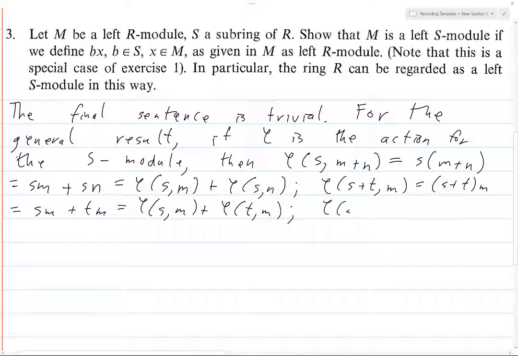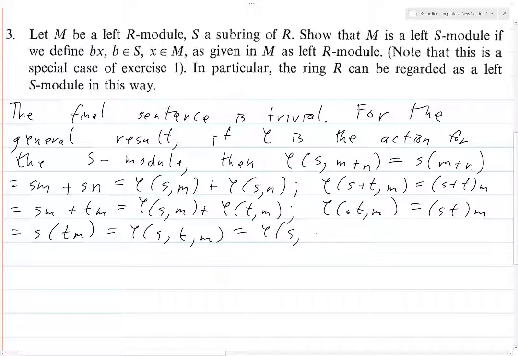So how about phi of (st, m)? Well, remember, we're in R, this is just stm, and just using the way that M behaves as an R module allows us to write this out and do what we want with it.